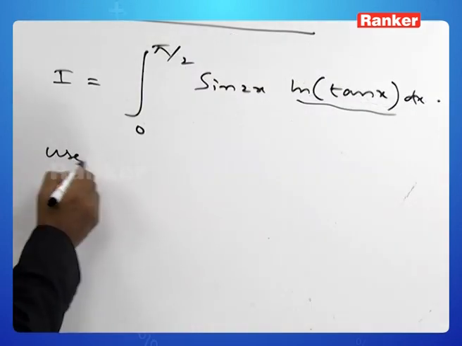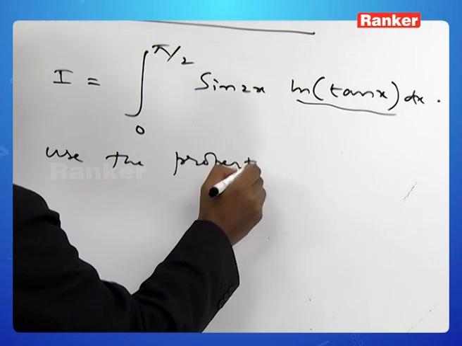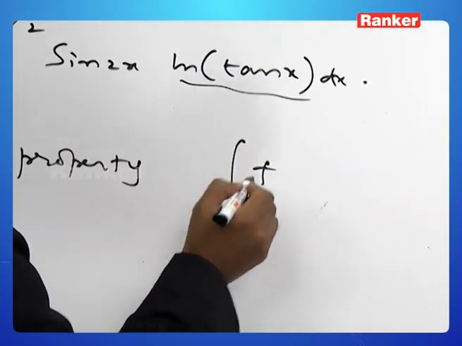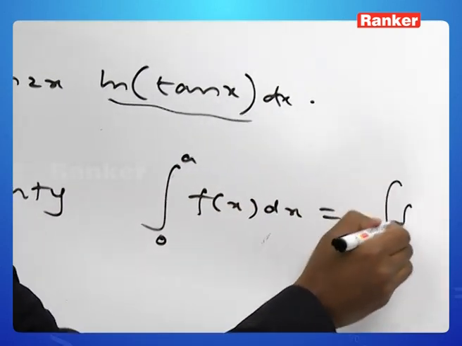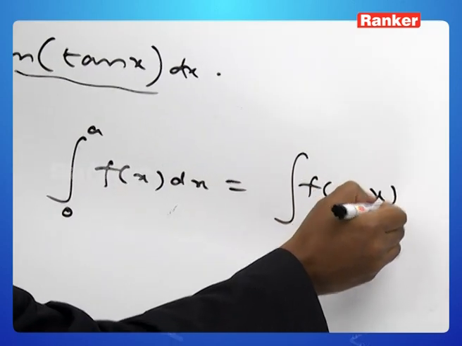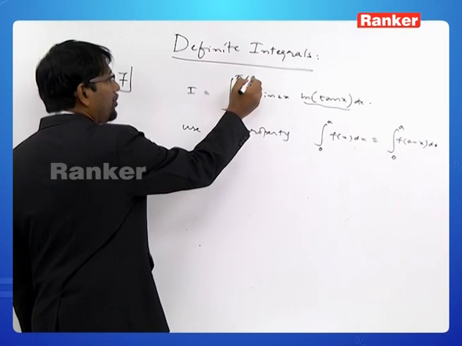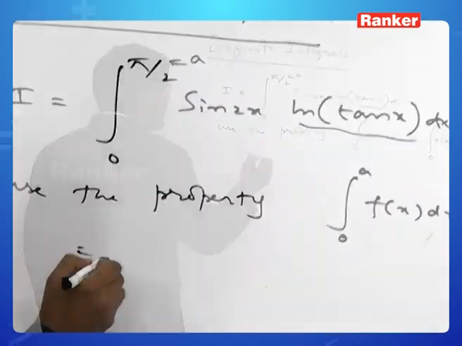We use a property: integral 0 to a of f of x dx is the same as the integral of f of a minus x dx from 0 to a. So what is in the place of a? Pi by 2. So we'll just replace it. What do we have here?